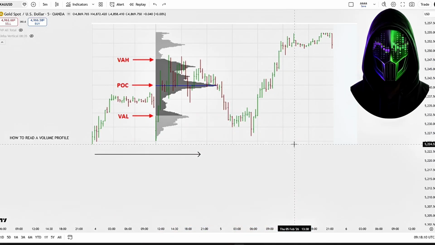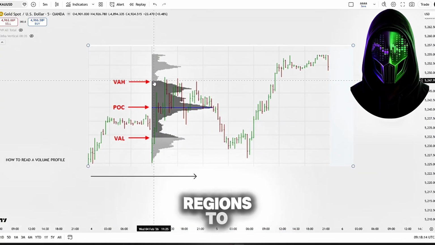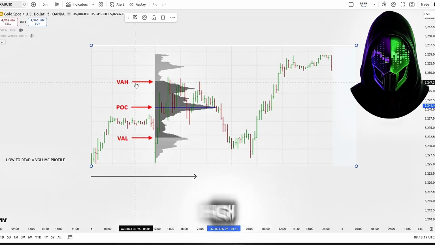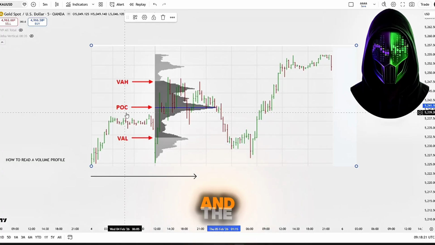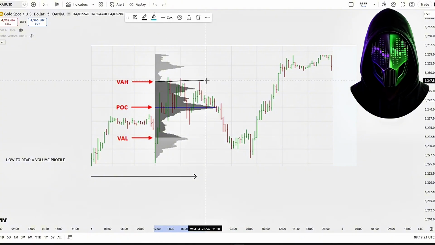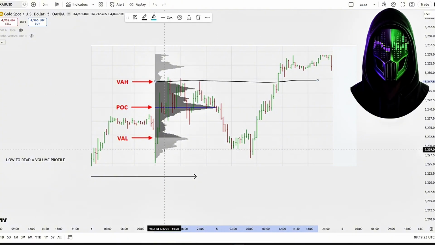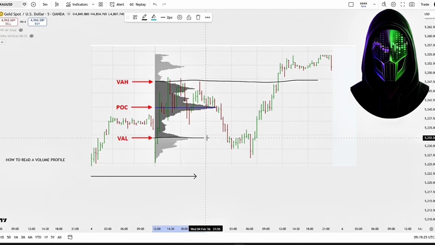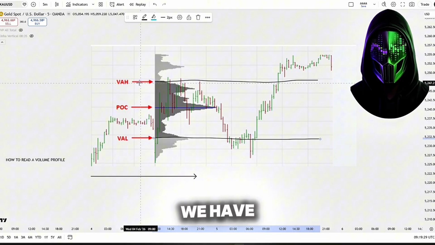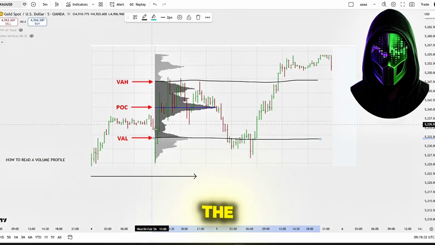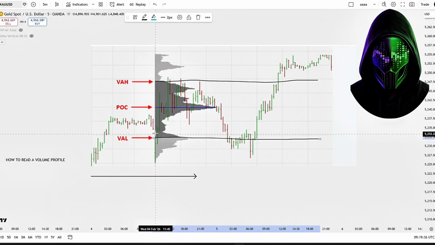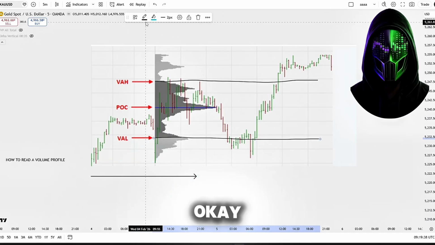That said, we have some important regions to discuss, such as the value area high, the value area low, and the point of control. Value area high is this level right here, and our value area low is here. We have the most volume, and this upper part is the value area high, the lower part is the value area low.